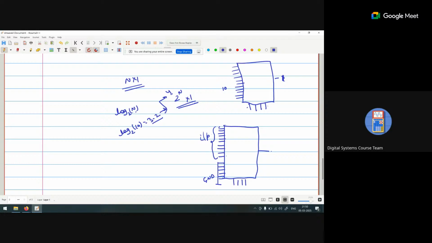If your input is less than that, you have to ground the other lines. For example, we have a 32 cross 1 mux available, but only 17 connections are there. The 17 will be applied to the multiplexer, and the remaining lines will be grounded.